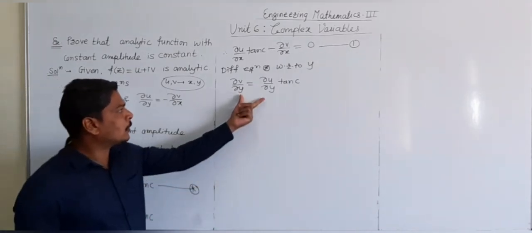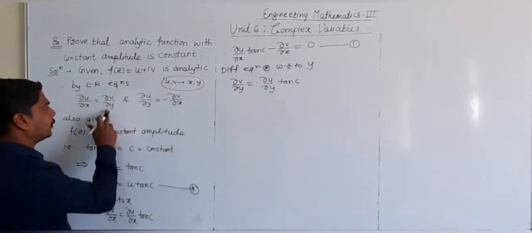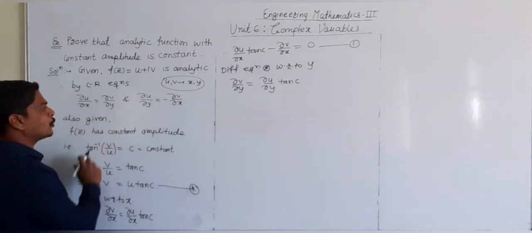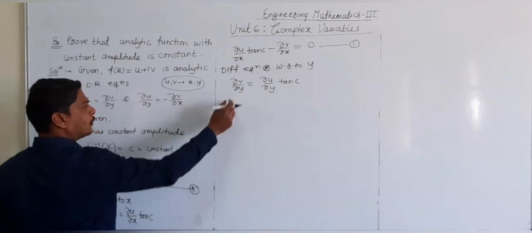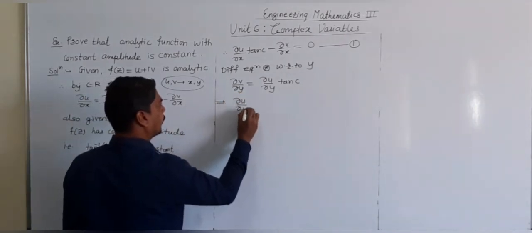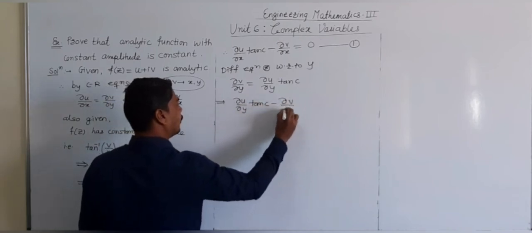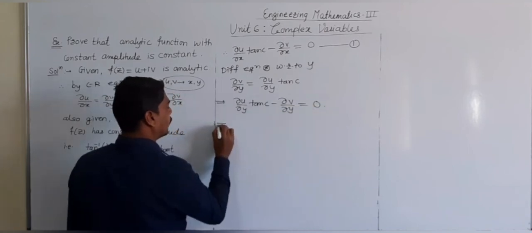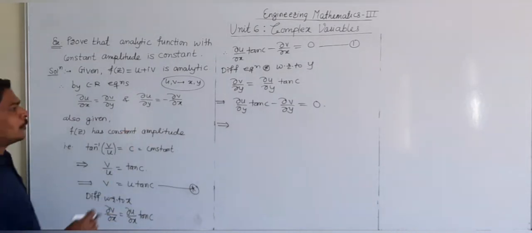So I will convert this to partial derivative with respect to x, and for that we are using CR conditions. So before that I will simplify this: partial derivative of u with respect to y into tan c minus partial derivative of v with respect to y is equal to 0.